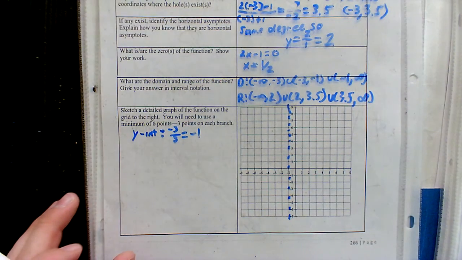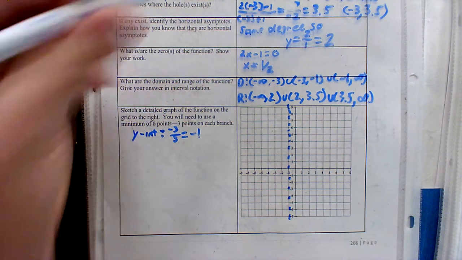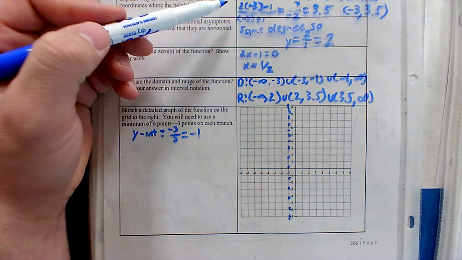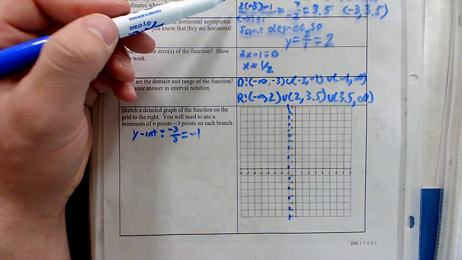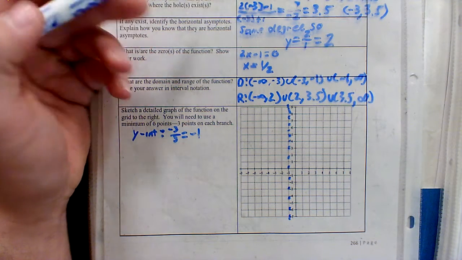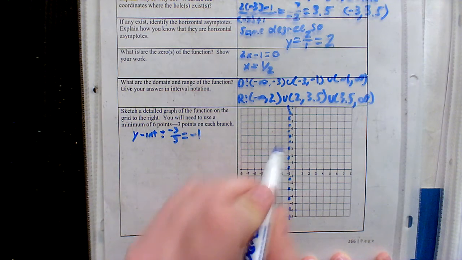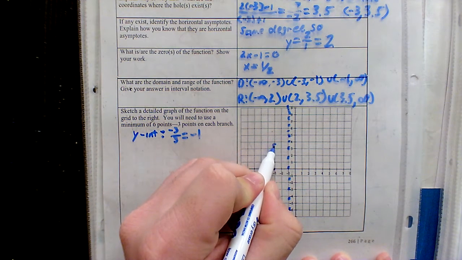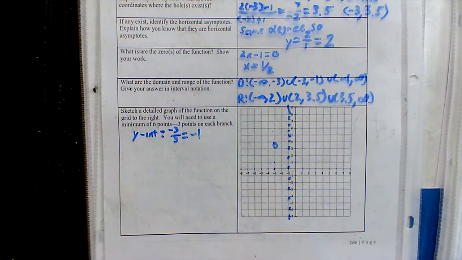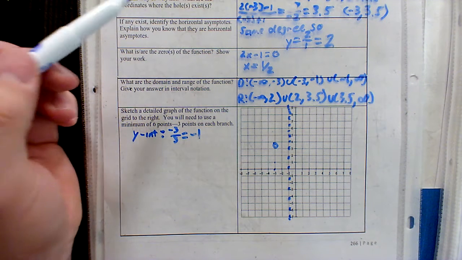Any holes? Well, we found a hole's x value and y value up here. That coordinate was -3 and 3.5. So at -3 and then 1, 2, 3.5, we have a hole. Okay, so we can take care of that.